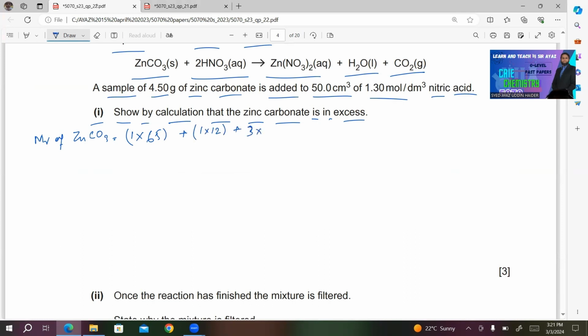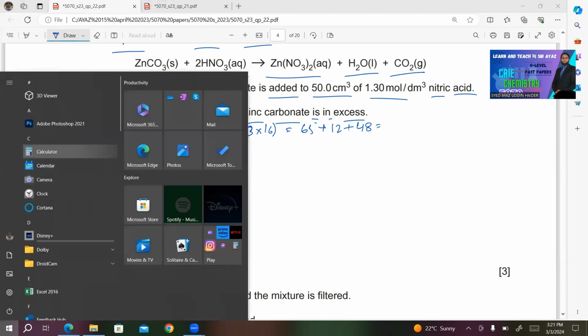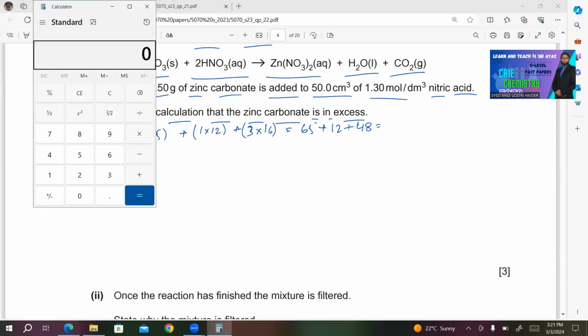So 3 multiplied by 16. What will you get? You will get 65 plus 12 plus 48. So the MR for ZnCO3 will be 65 plus 12 plus 48, 125.